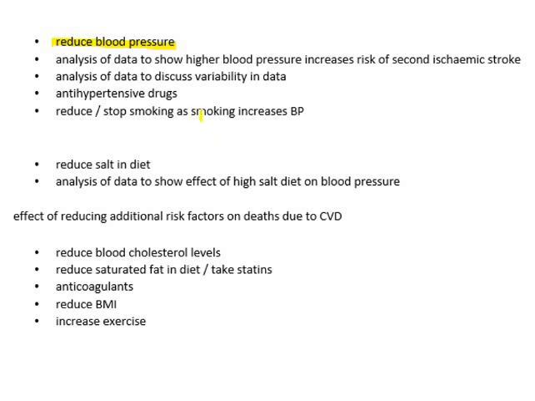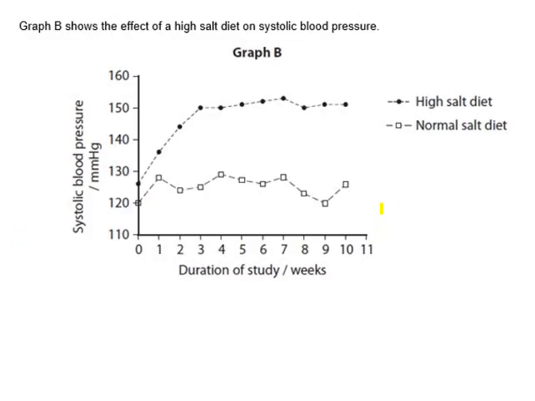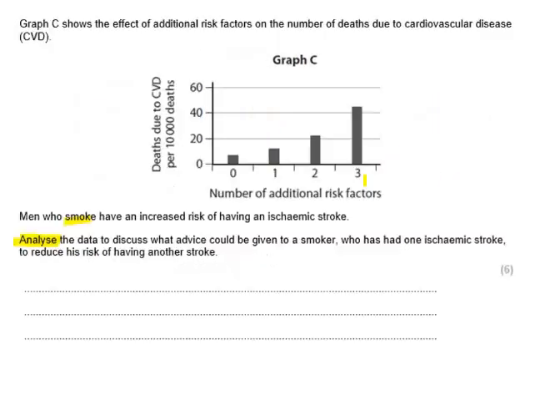Another thing could be to discuss the fact that they could be having antihypertensive drugs to try to reduce blood pressure or to reduce smoking. They should also be reducing salt in their diet, but that should be supported by the analysis of data. So if we're looking at this graph, you can't just say high salt diet gives you a higher blood pressure. You have to calculate a difference. So you could choose these 2 points and calculate what is the difference here.